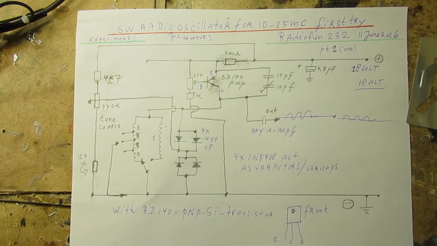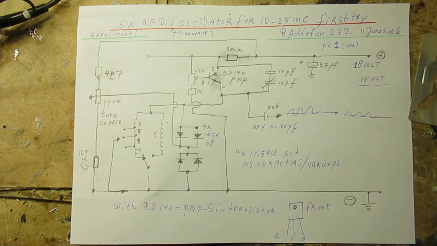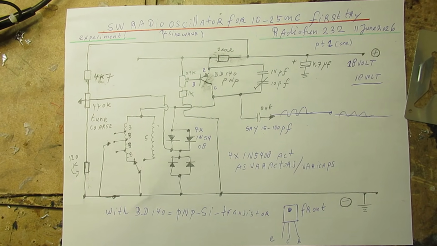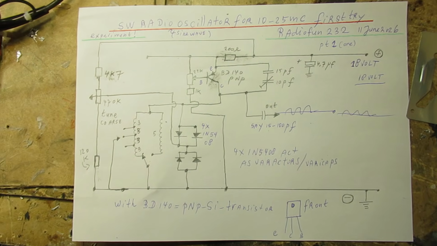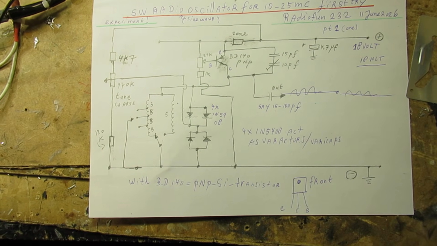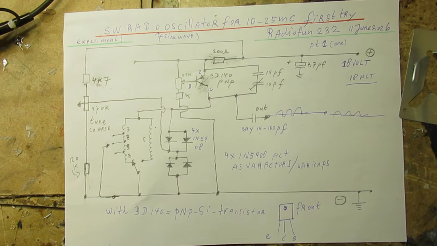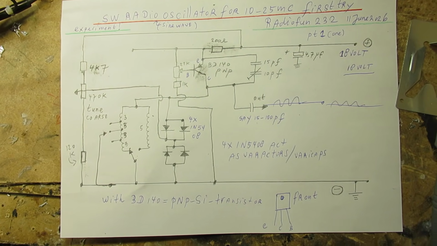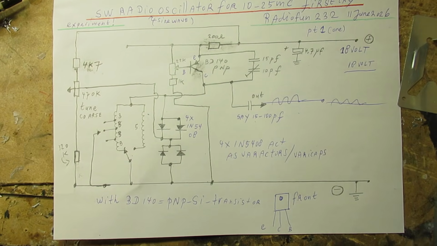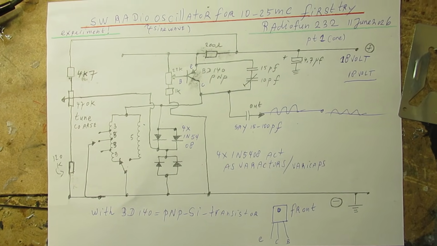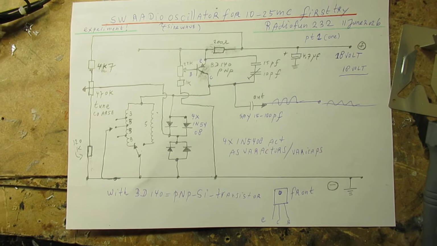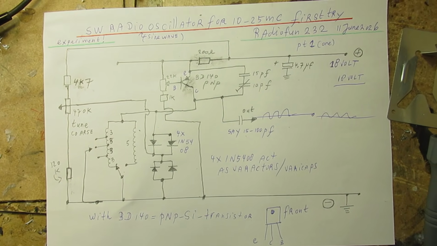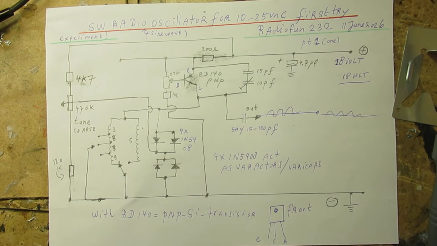It refers to the earlier schematic that I published on YouTube, where a BD140 PNP transistor, normally used for audio purposes, was used to make an oscillator in this frequency band, say 10 megahertz up to XX megahertz.